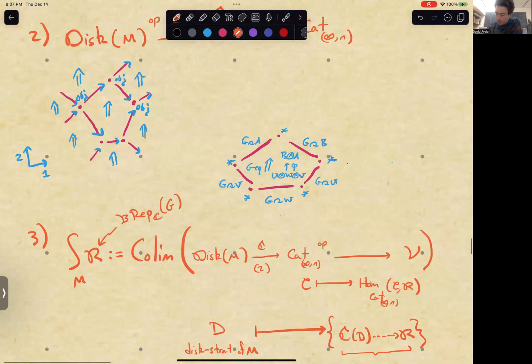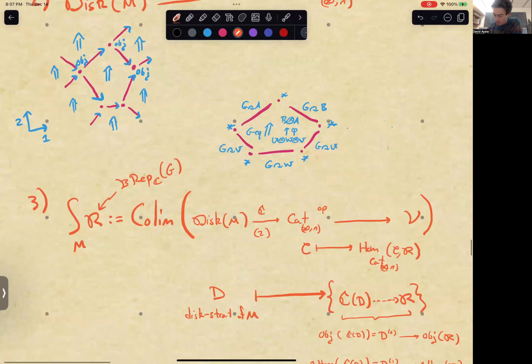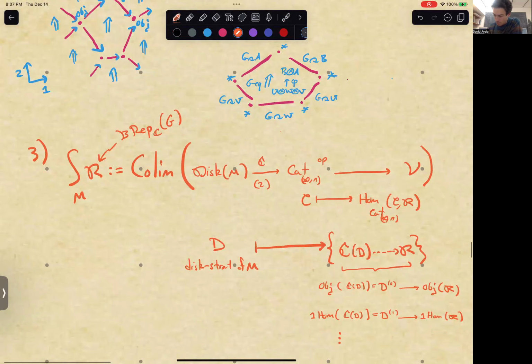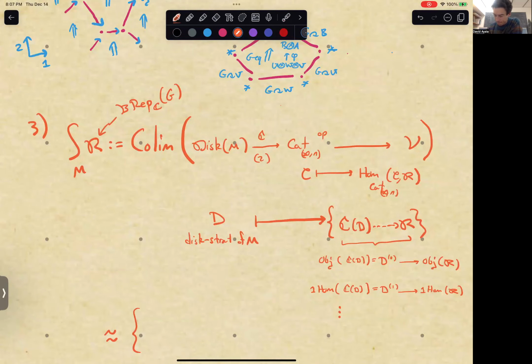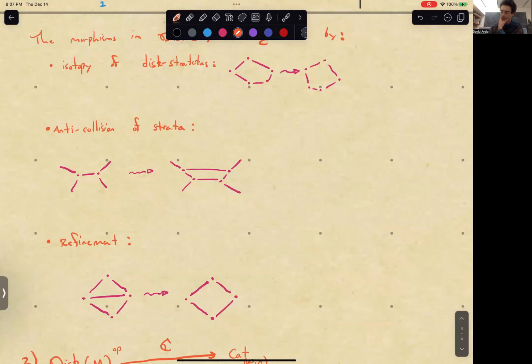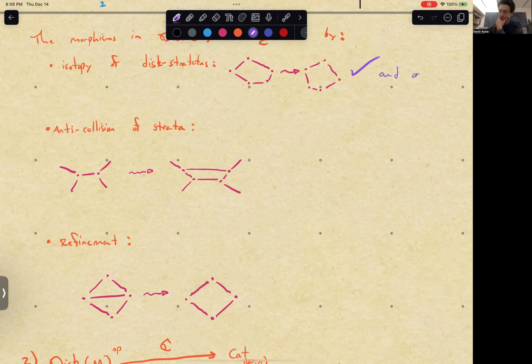Can I also go back to the three types of morphism you showed in the diagram? Yes. There is an anti-collision, there is a refinement, isotopy of disk stratification. Well, that will map to some kind of isomorphism in the target. That's okay, I guess. But the anti-collision, what was the image of an anti-collision of strata?